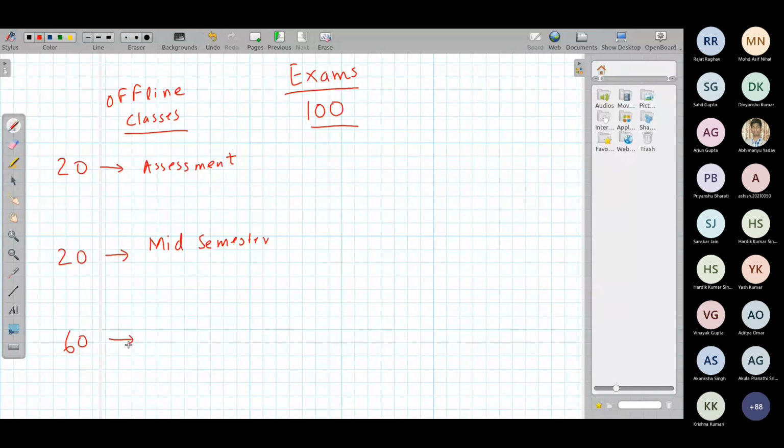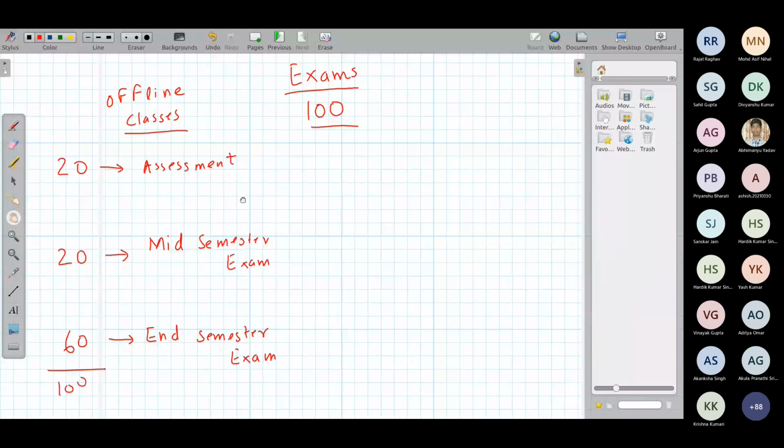And this is the end semester exam. Okay. So there are 2 exams in a semester in a period of 4 months. And that's how you get 100 marks.